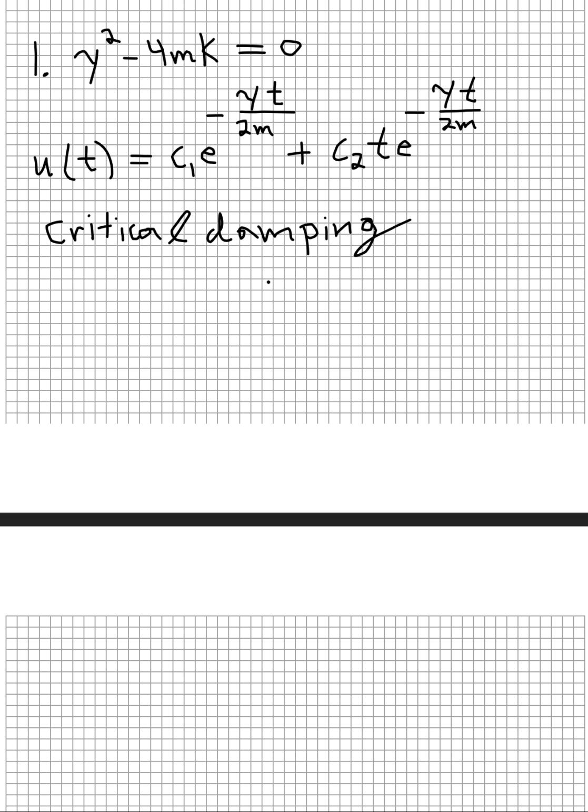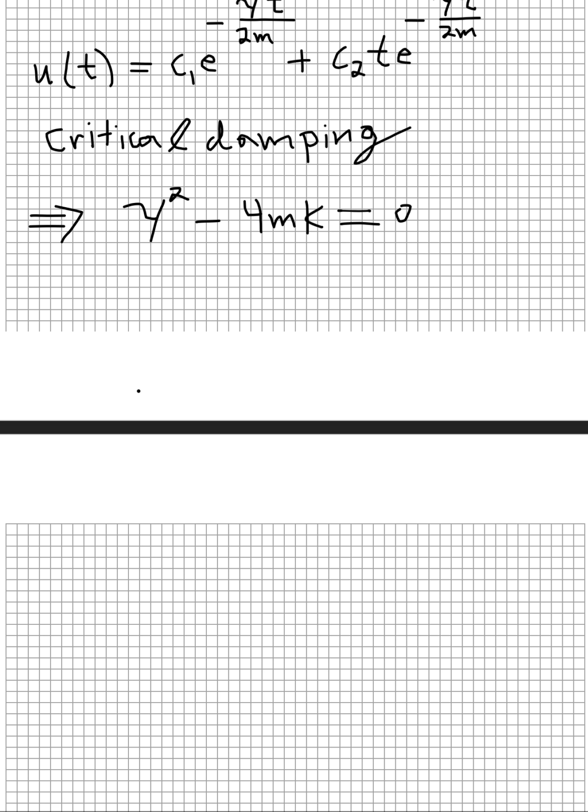Okay, and so this implies a few things. So first of all, like we said before, this implies that gamma squared minus 4 times m times k is set equal to 0, or was found to be equal to 0.